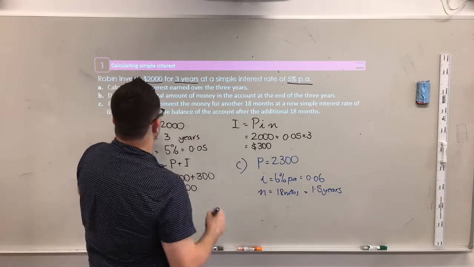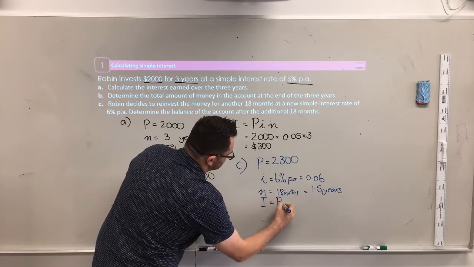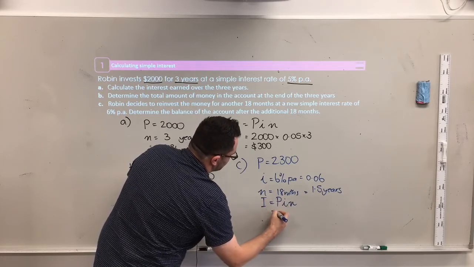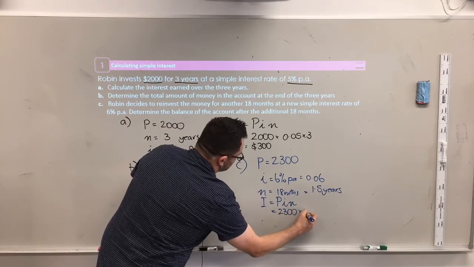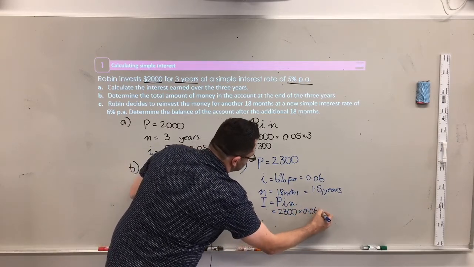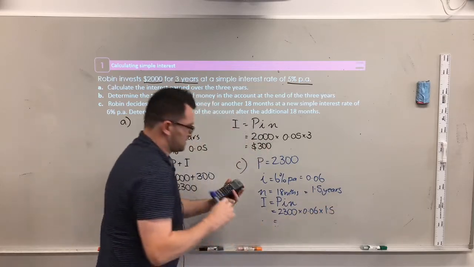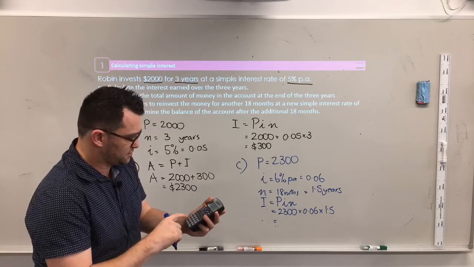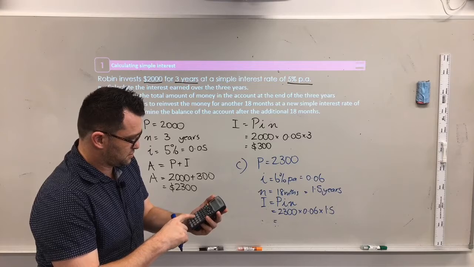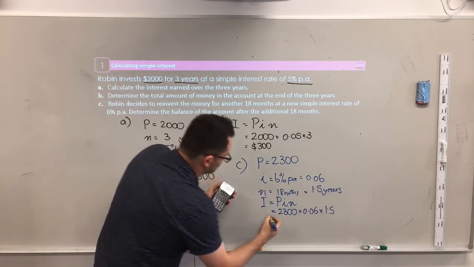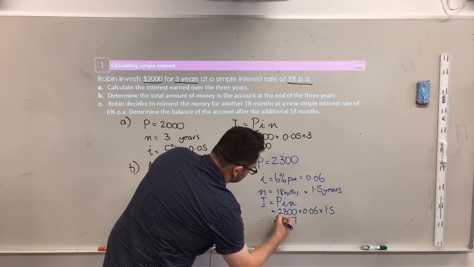So now we need to calculate our amount of interest. So I equals PIN. So 2,300 multiplied by 0.06 multiplied by 1.5. Use our trusty calculator. So $207.